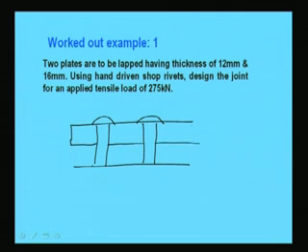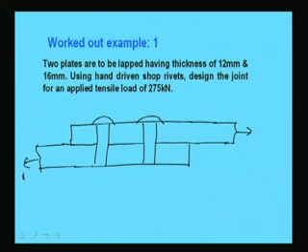So, this is one plate and another plate is this one, lapped with some lap length. Now, this rivet pitch, rivet diameter and other things we have to calculate from this.